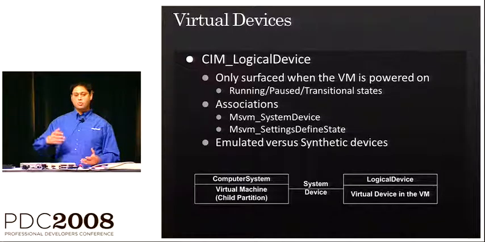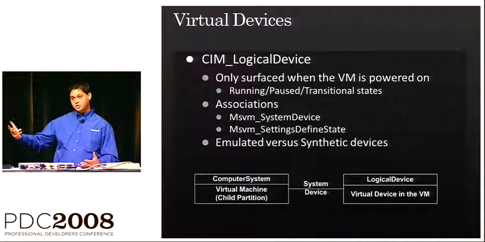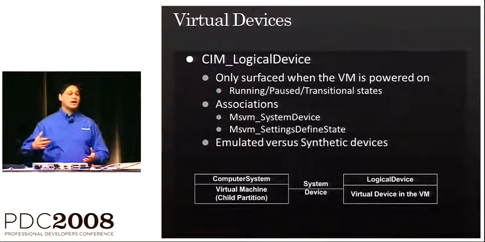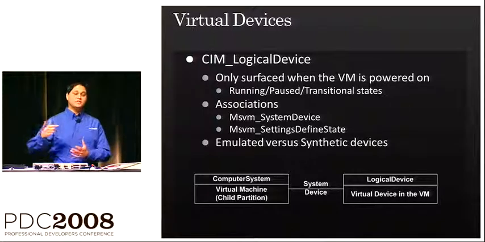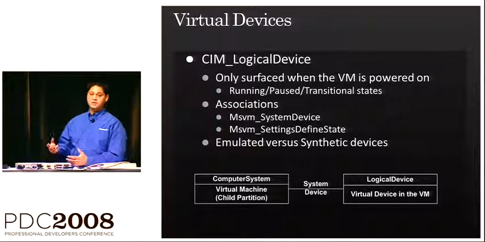Synthetic, on the other hand, requires that you're running a particular driver inside of your virtual machines, which we provide as part of the Hyper-V platform, but it has to be installed inside the virtual machine, and that will essentially accelerate and give you a lot more performance on that device.